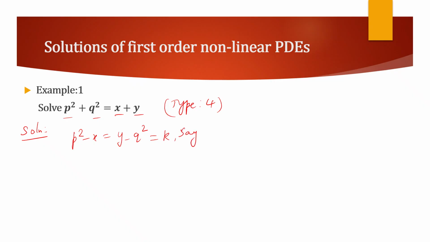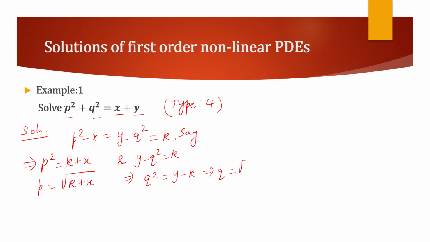So from this we write p as function of x, that is p square is equal to k plus x. That is p is equal to square root of k plus x. And similarly, y minus q square is equal to k. From this, q square is equal to y minus k and q is equal to square root of y minus k.